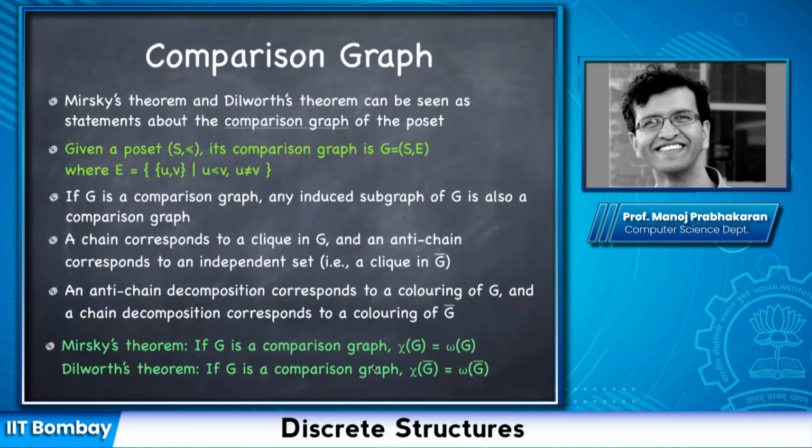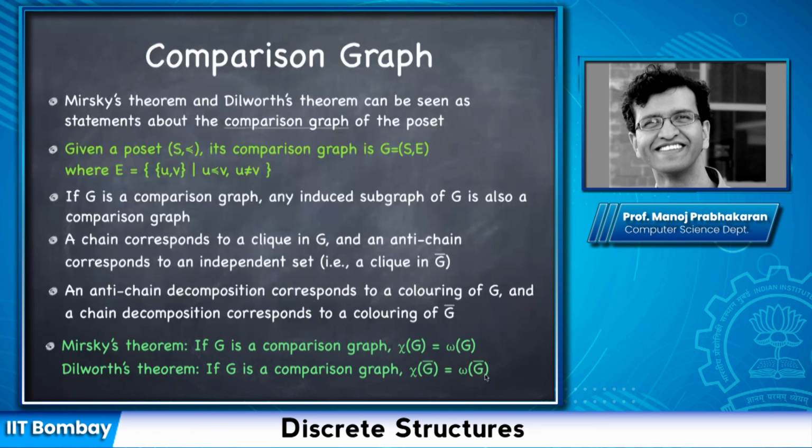And what about Dilworth's theorem that we just now saw? Dilworth's theorem is about the complement of a comparison graph. It talked about a chain decomposition, which is a coloring of G prime. The smallest number of colors you need to color G prime, that's the smallest chain decomposition of the poset, is equal to the largest anti-chain, the largest clique in G prime.